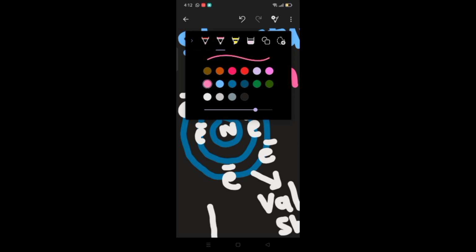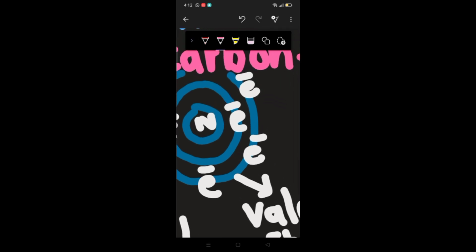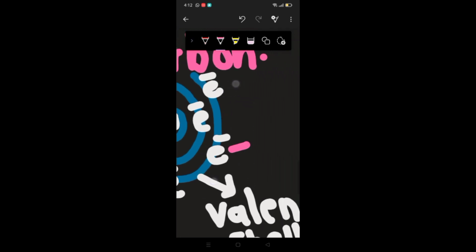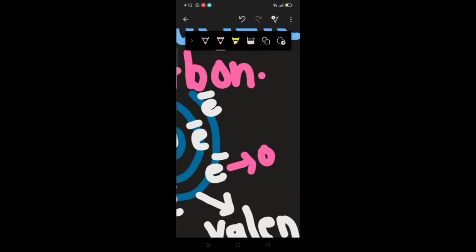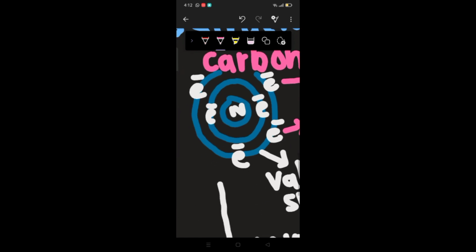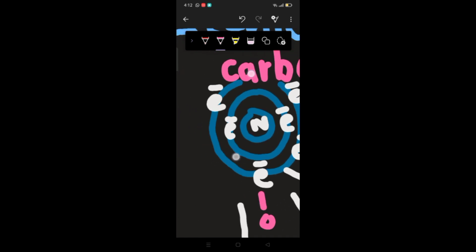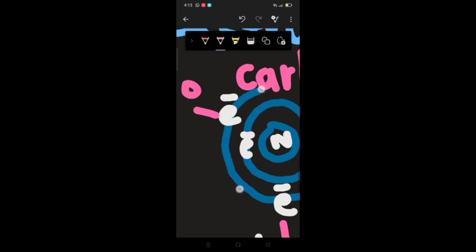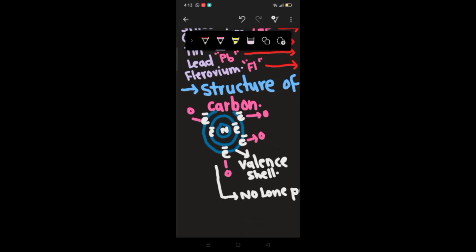Now let's see how many bond pairs it has. Alright, so like this electron needs one more, it needs one more, it needs one more, and it needs one more as well. It means it needs 4 electrons to complete the outermost shell.